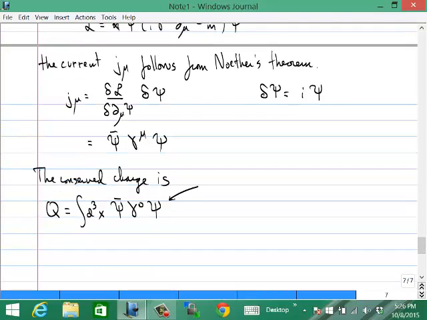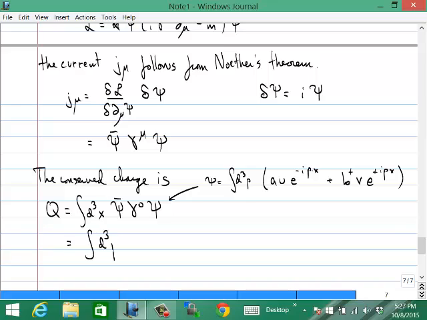Well, you just plug in, for example, our expression for psi as the integral d3p of a times u times e to the minus ip dot x plus b dagger times v times e to the plus ip dot x, with a similar expression for u bar, and you then use the normalization conditions and the orthonormality of the u's and v's that we worked out above, and you'll find an expression for Q, which is the integral d3p over (2 pi)^3 times the sum over s of a_{p,s} dagger a_{p,s} minus b_{p,s} dagger b_{p,s}.